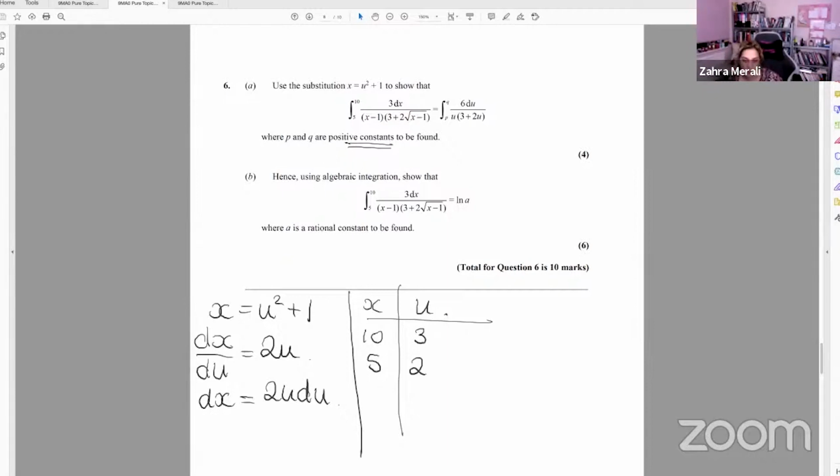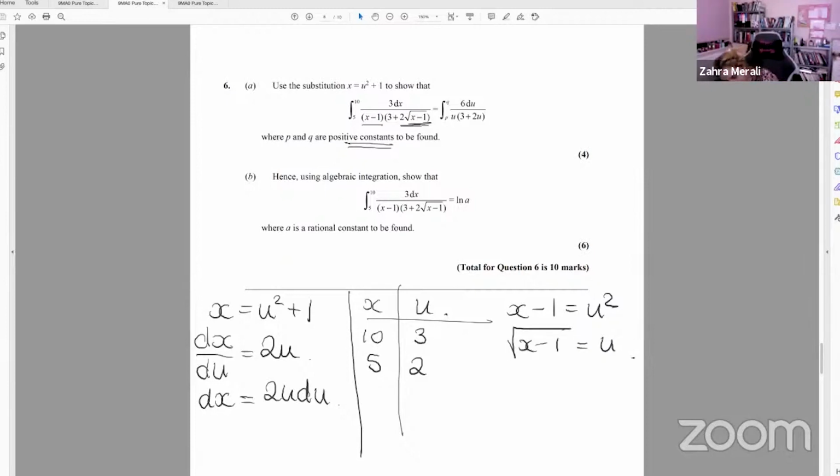So we've got our other limits. We've got x minus 1, so x minus 1 is u squared, and root x minus 1 must just be u. Now we've got everything we need, so that's our preparation work.